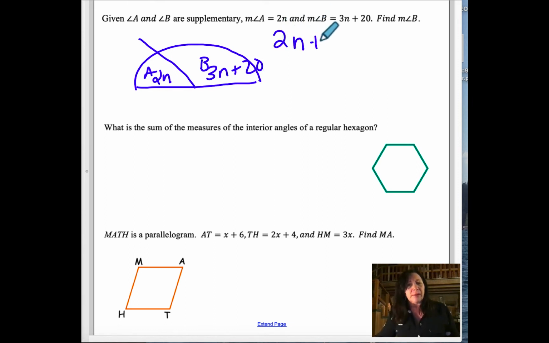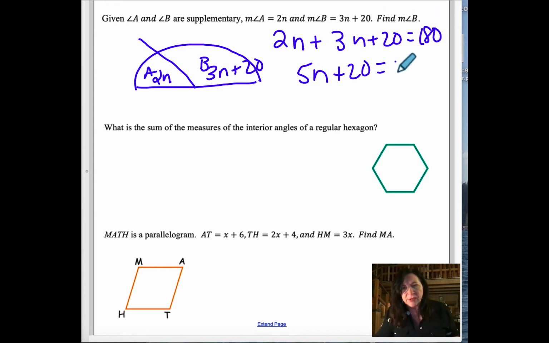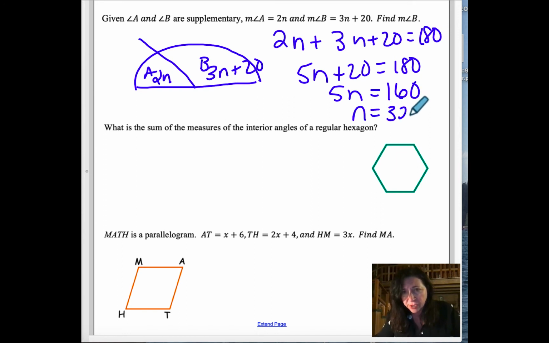So 2n plus 3n plus 20 equals 180. So 5n plus 20 is equal to 180. 5n is equal to 160. And then all you have to do is find 160 divided by 5, and n is equal to 32.